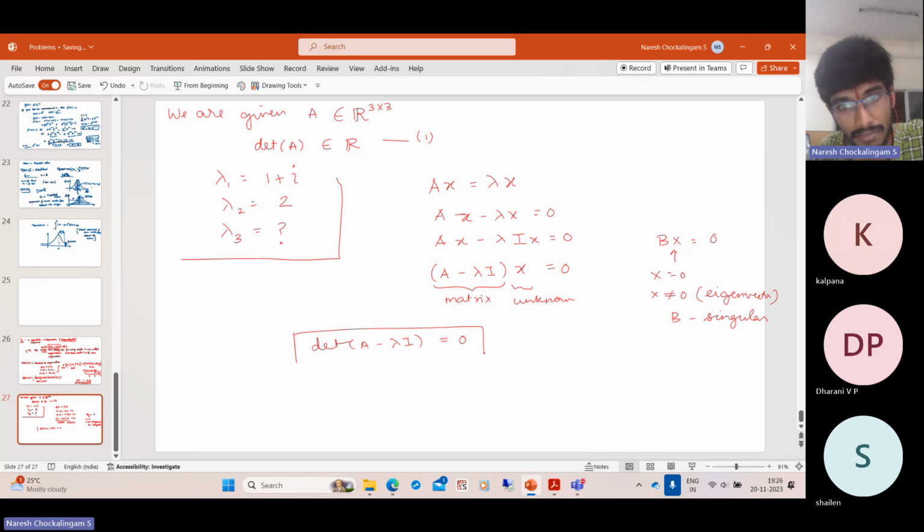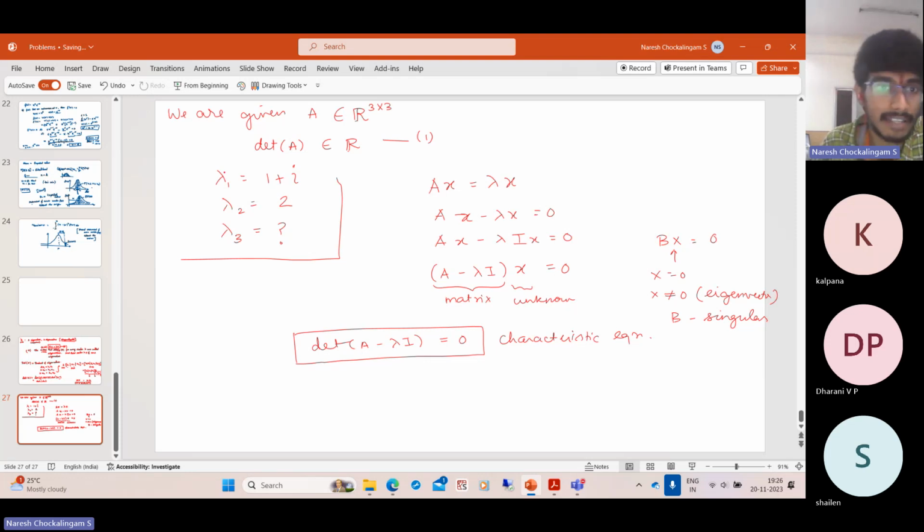You know that this is what is called the characteristic equation of the matrix. And what are the solutions of the characteristic equation? The roots of the characteristic polynomial, or the solutions of the characteristic equation, are the eigenvalues.